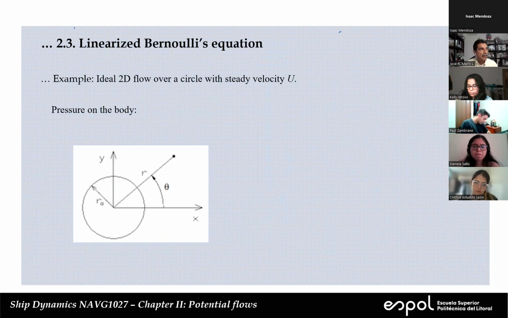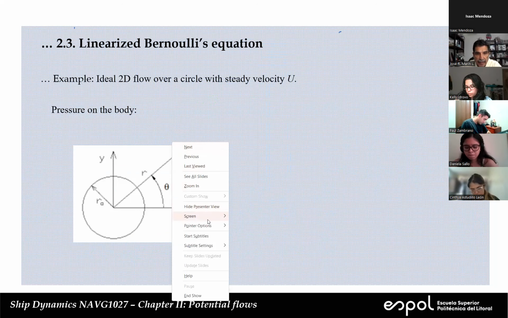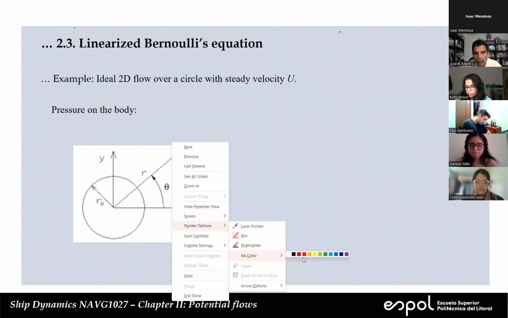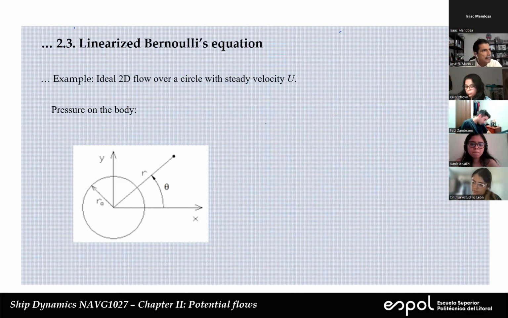Okay, so for the pressure on the body, we have to recall our famous linearized Bernoulli's equation. Could you please recall for me the full Bernoulli's equation?